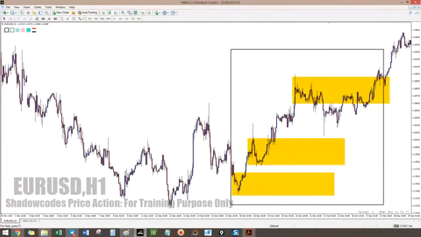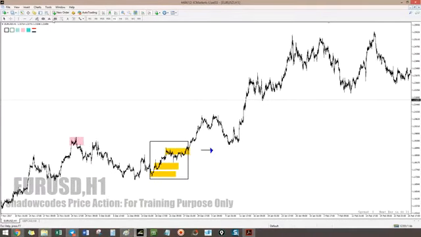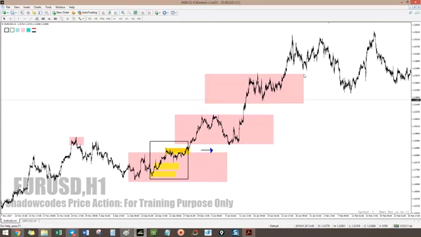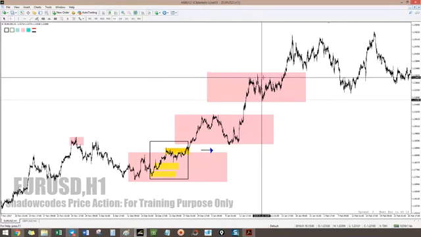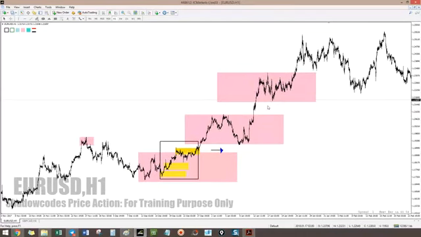So how about a bigger picture? For example, you have something like this. This is 1, 2, and this is also good. I will mark this one, and then this 3. So I have 1, 2, 3. If you are trading QM here, it's still able to hold price and it's still going up, because it does not break this structure.